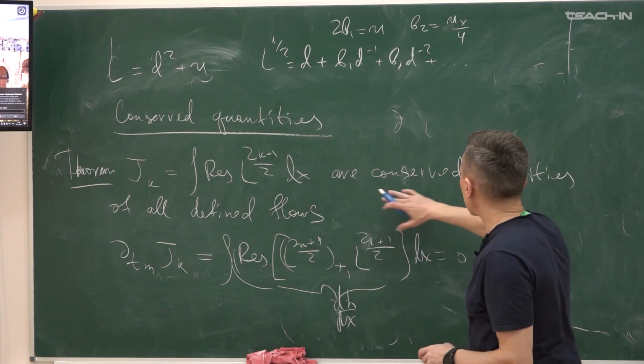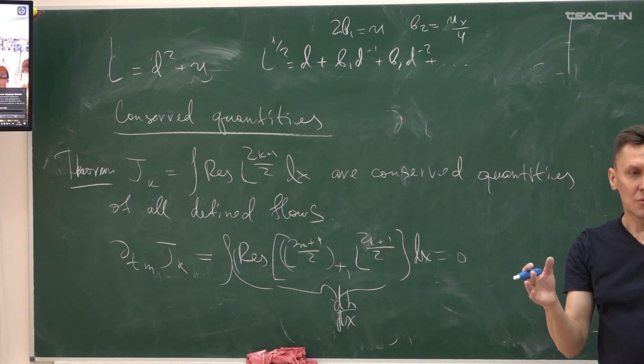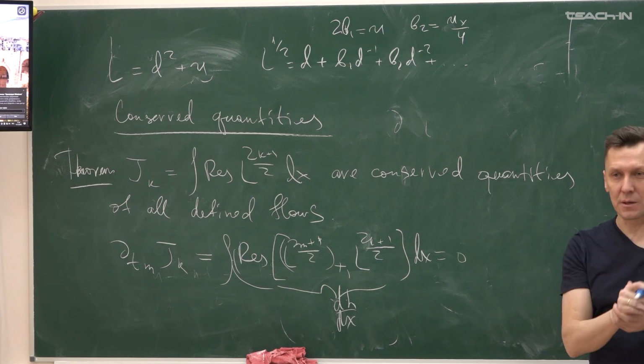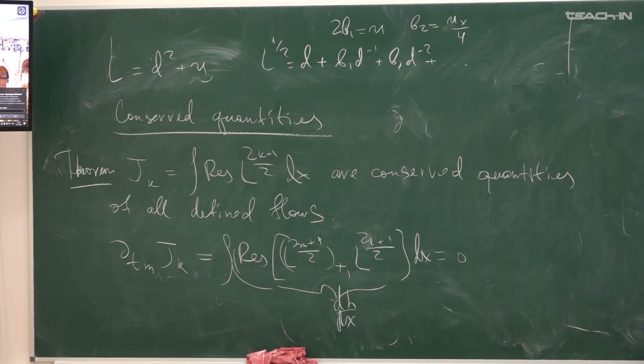Moreover, these conserved quantities will be Hamiltonians of these flows in the Poisson bracket I have defined. It's a huge and very interesting set of properties of this system, of this equation. I should also mention what is called the inverse scattering method, but it's a story for a semester course to study all this concept.